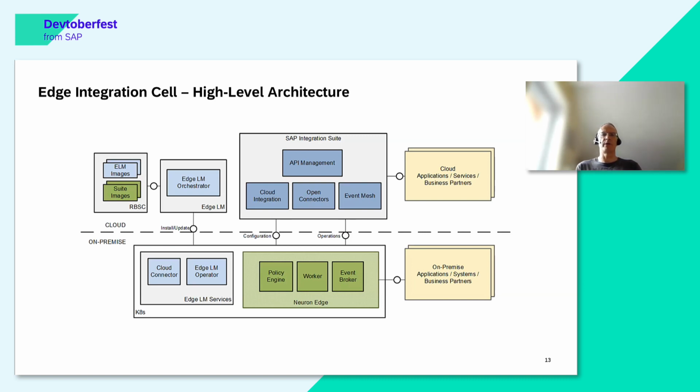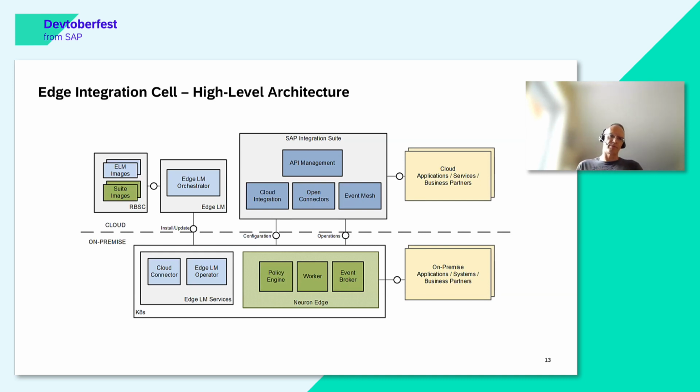This is more for API management policies execution. We have a component called the worker, which is more the execution runtime for integration flows. And we have also an event broker for handling events on the edge, and also for the event routing to cloud and back, which we have also seen before.